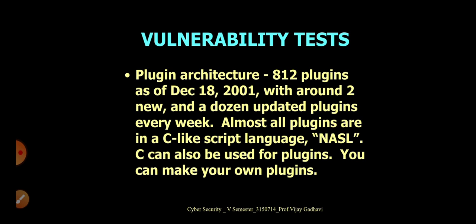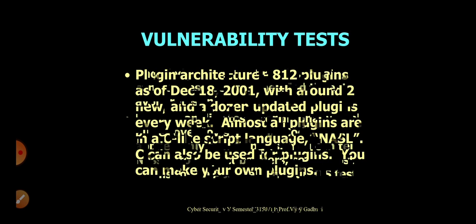Almost all plugins are in a C-like script language. NASL is an example of a plugin. C can also be used for plugins. You can make your own plugins also.